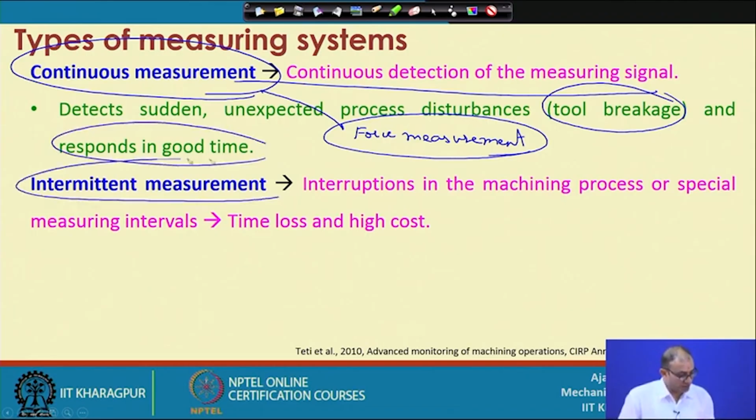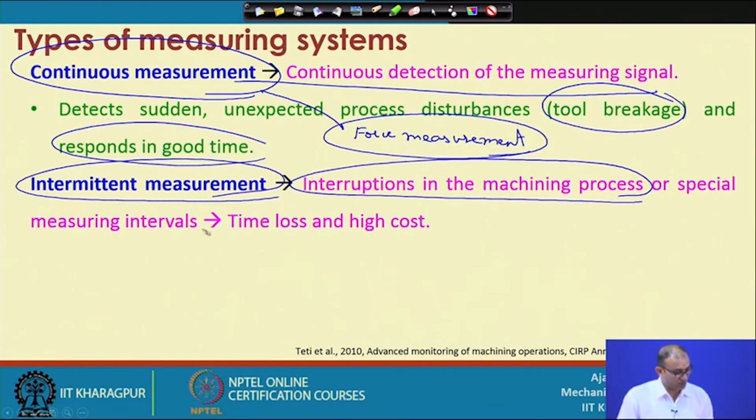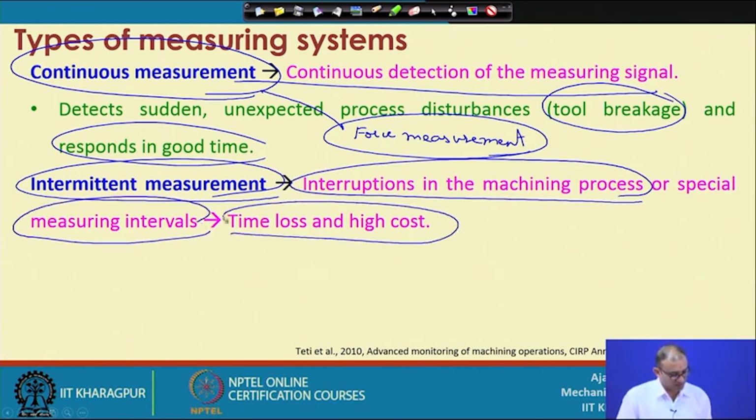But if you want to do intermittent measurement, you complete the operation, take out the cutting tool, put it under the microscope and do all the studies. So, there is an interruption in the machining operation, or you need a special interval in between. What is the consequence of that? You will end up with time loss and high cost, because you are interrupting the machining process and you need a separate station for doing the measurement.